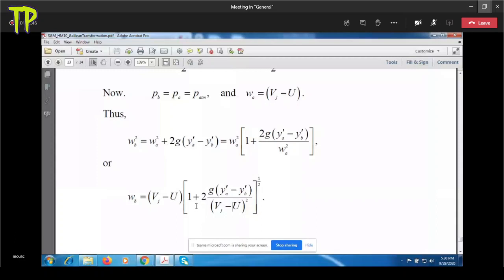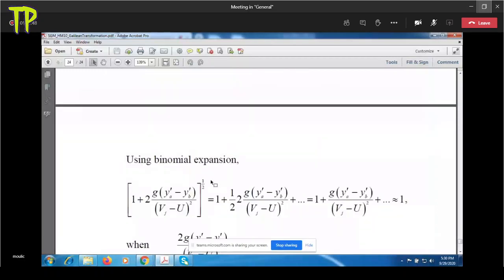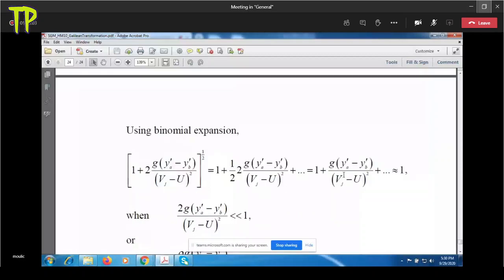So if I do a binomial expansion, this 1 plus the quantity which is small, raised to the power half, I can write as 1 plus half times that quantity plus higher order terms. So half and 2 will cancel out and you will have 1 plus g into h by Vj minus U whole square.